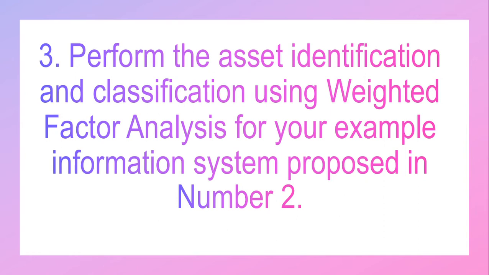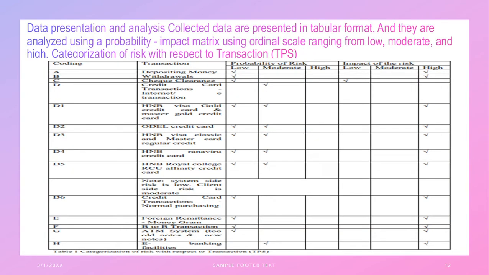Question number 3. Perform the asset identification and classification using weighted factors analysis for your example's information system proposed in number 2. So this is the data presentation and analysis. Collected data are presented in a tabular format, and they are analyzed using a probability impact matrix using ordinal scales ranging from low.